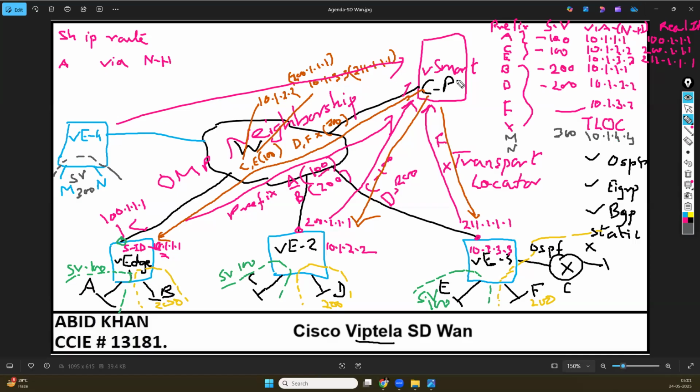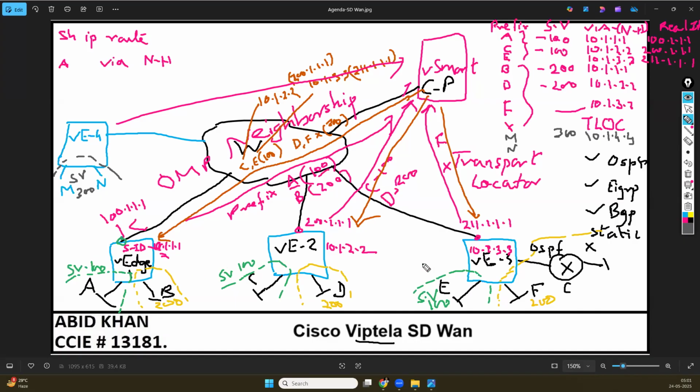And the same way, when vSmart learns about M and N in service VPN 300, vSmart knows that VH1, VH2, VH3 have service VPN 100 and 200. They don't have 300. So it will not forward them this M and N information.